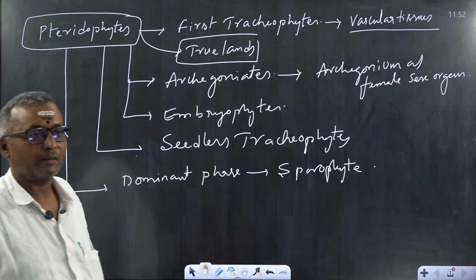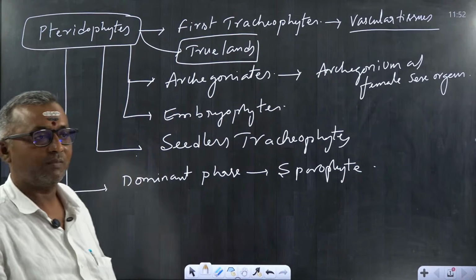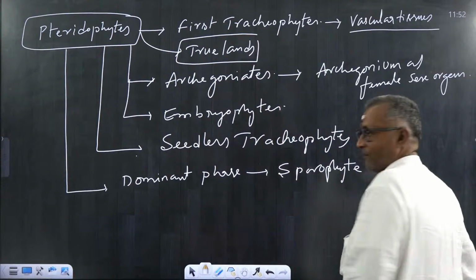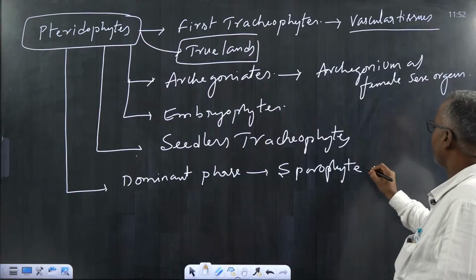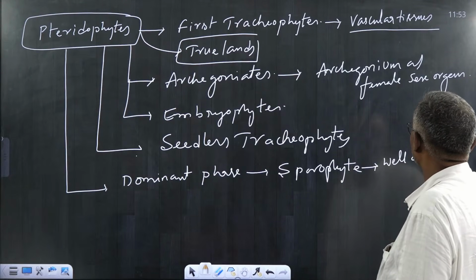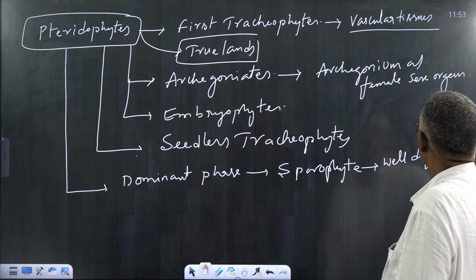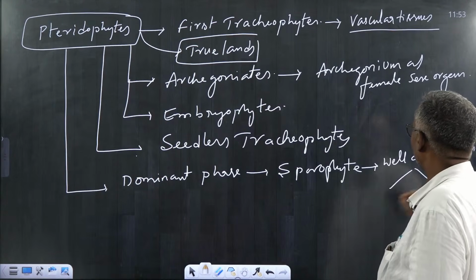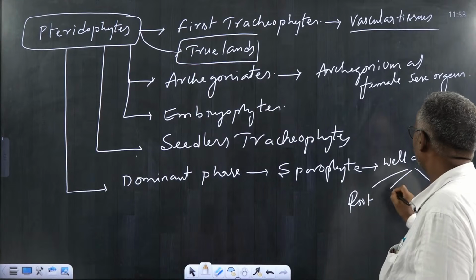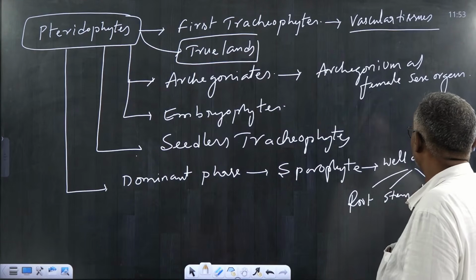Sporophyte is dominant. That's very important. And the sporophyte is well differentiated into root, stem and leaves.